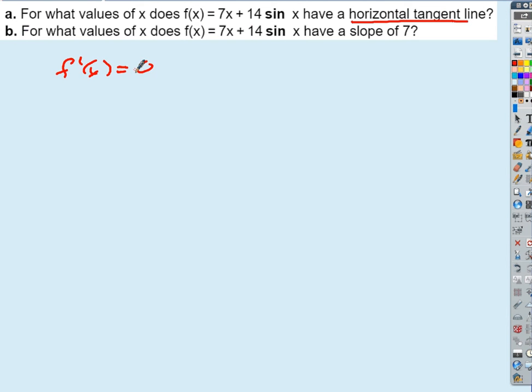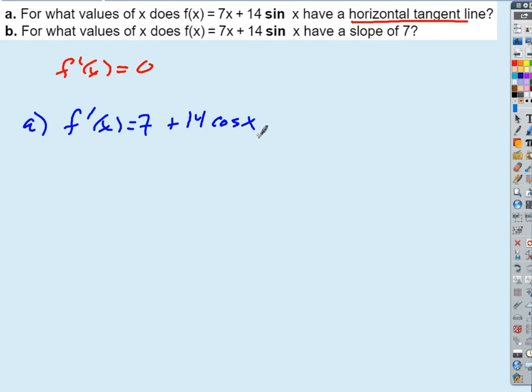So we have to differentiate. In part A, what's the derivative of the function, 7x plus 14 sine x? It's 7 plus 14 cosine x. And we want to set that equal to 0, right?